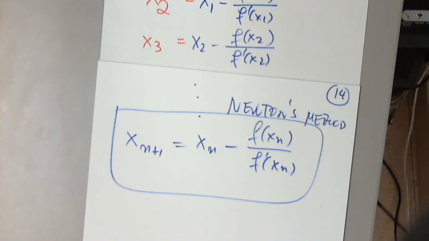The second potential problem is, if the solution is here, and you start here, and the function has a max or a min between the initial value and the solution, the method will never converge. It will stay here, it will never get to the solution. But that's a very rare situation.